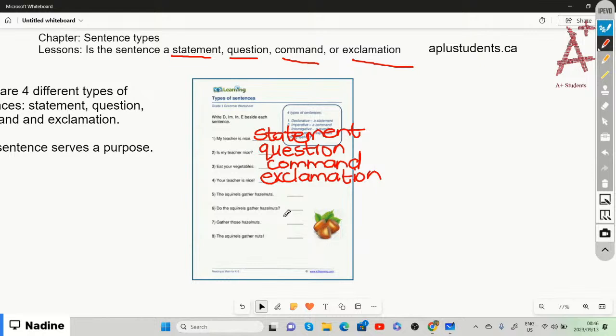The squirrels gather hazelnuts. Is this a statement, a question, a command, or an exclamation? The squirrels gather hazelnuts.